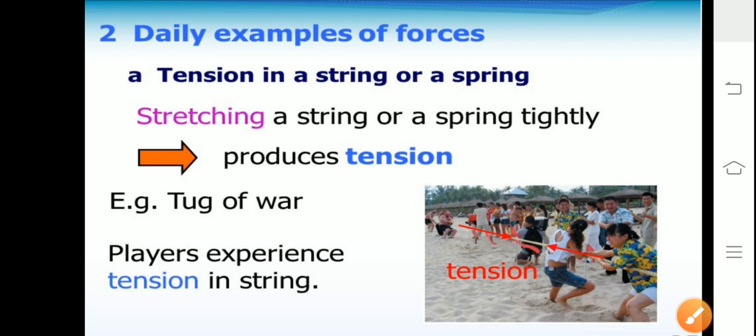Here you observe that tension force can be seen on the thread, and they only feel the tension force because they are stretching, right? They are pulling. Stretching a string or a spring tightly produces tension force. Players experience tension in a string.